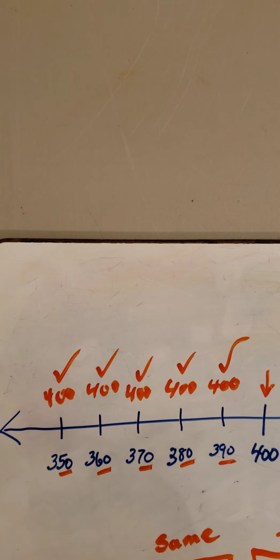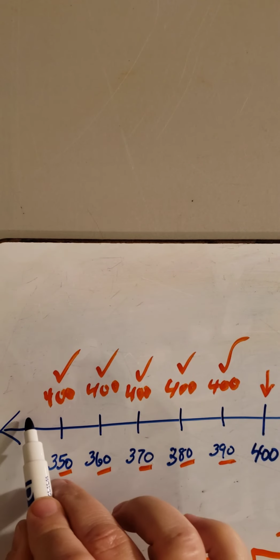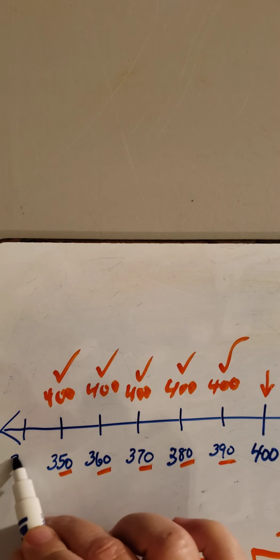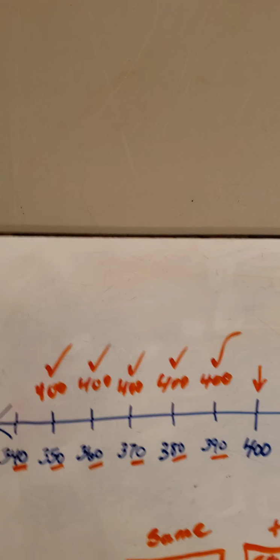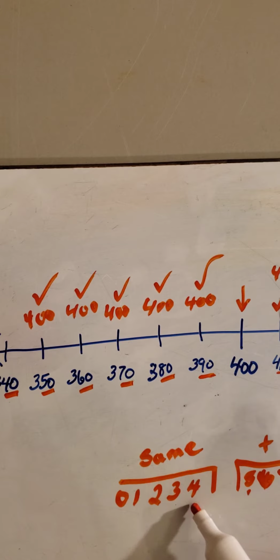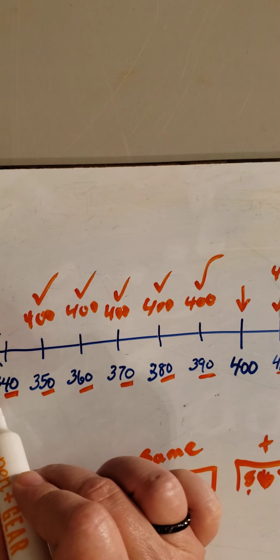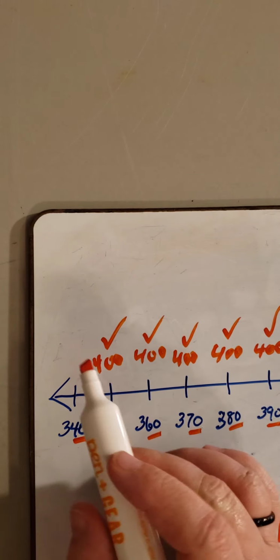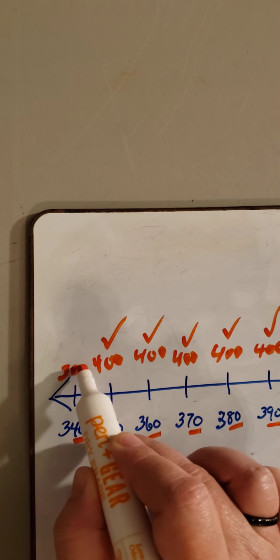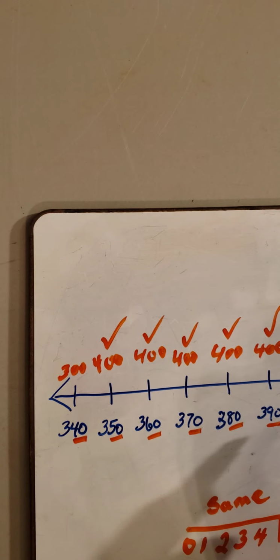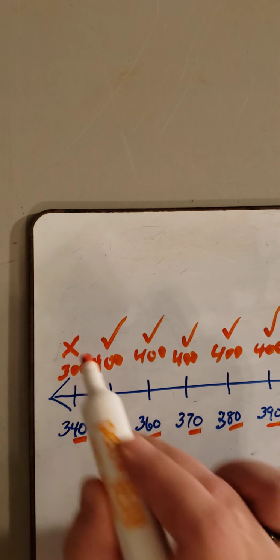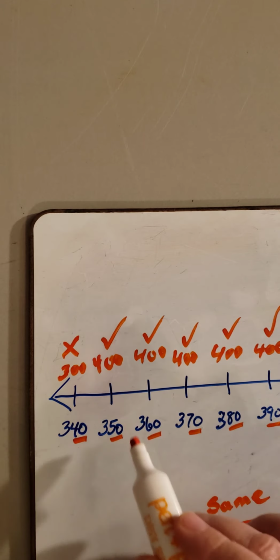Now, what if I had right here 340? What would happen with 340? Where's the 4? The 4 is here. So that means we would keep the 3 as the same. So that number would be 300. Can I keep 300? Is that going to give me rounding to 400? No.